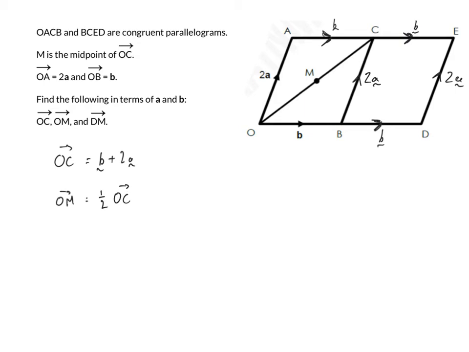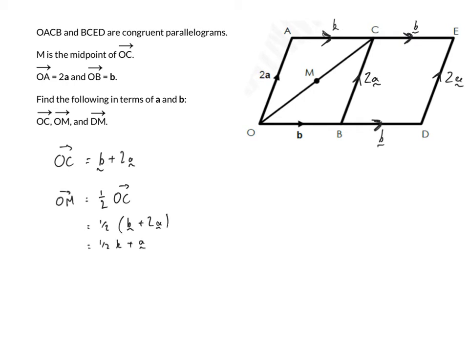Now, we already know what OC is. OC can be written as this. So I could say OM is going to be a half of B plus 2A. So that's going to be a half of B plus a half of 2A, which will give me a single A.